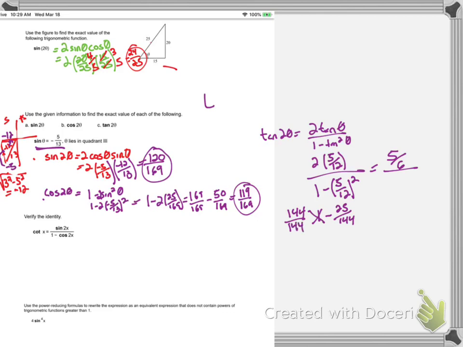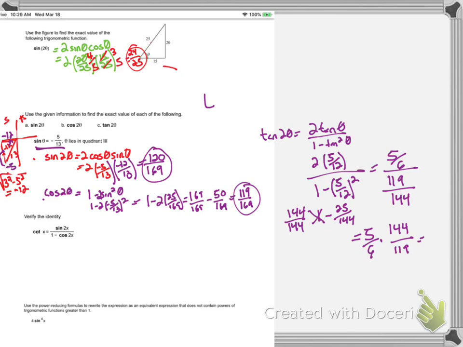Okay, 144 minus 25 is 119 over 144. That's the same thing as multiplying by the reciprocal, 5 over 6 times 144 over 119. I know that 5 does not go into 119.